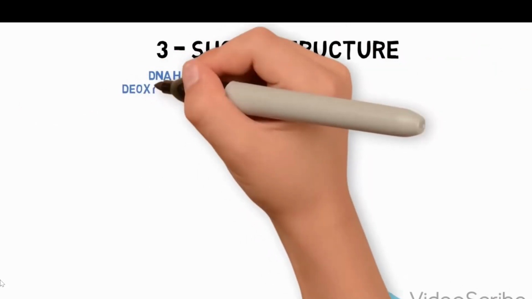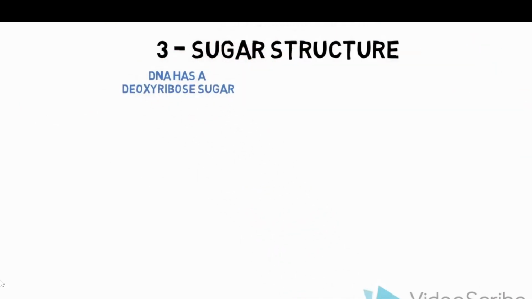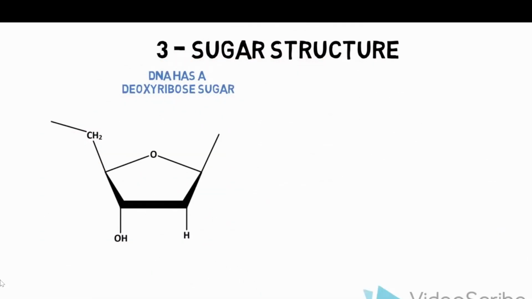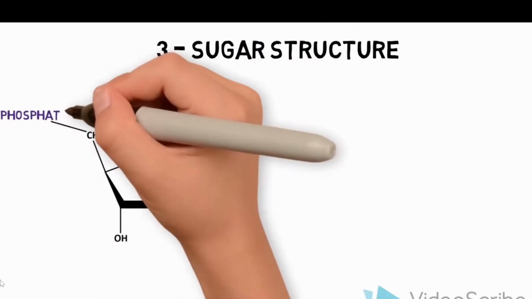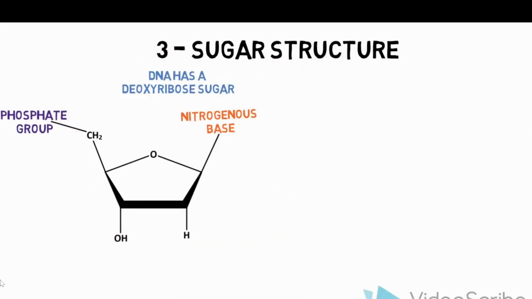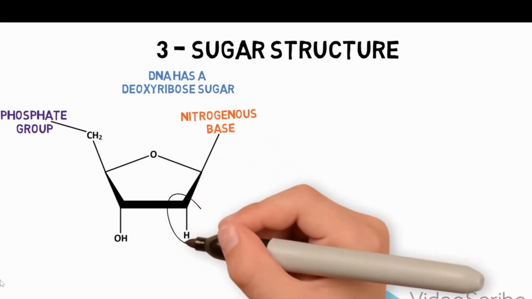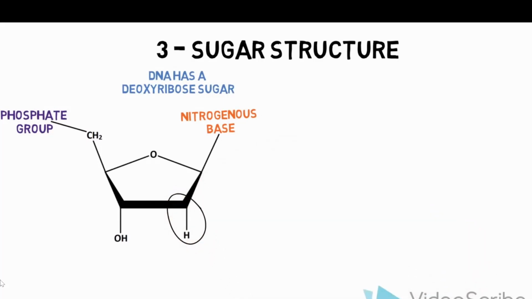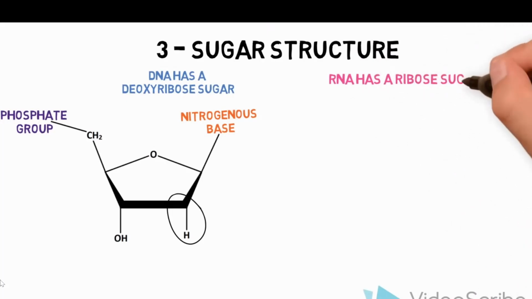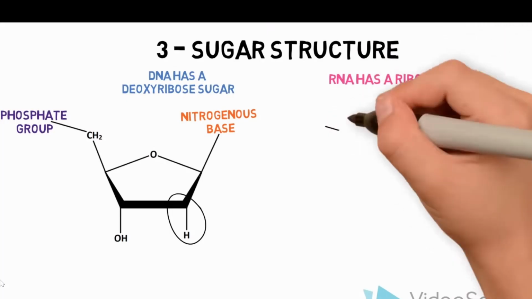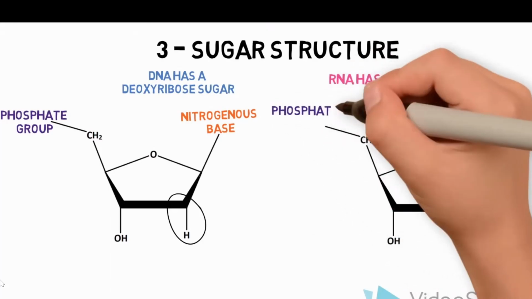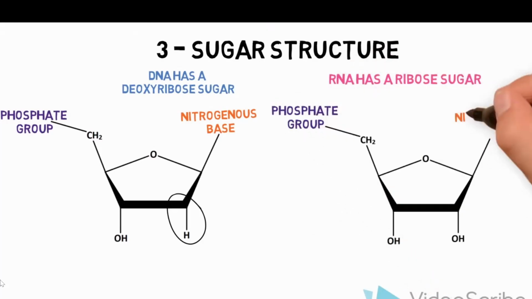DNA has a deoxyribose sugar, that's why it's called deoxyribonucleic acid. Its sugar structure looks like this, and in DNA, of course, it has the phosphate group and the nitrogenous base. And this carbon here is missing the oxygen, as you'll see with our RNA, which has a ribose sugar, looking like this, again with the phosphate group and the nitrogenous base.